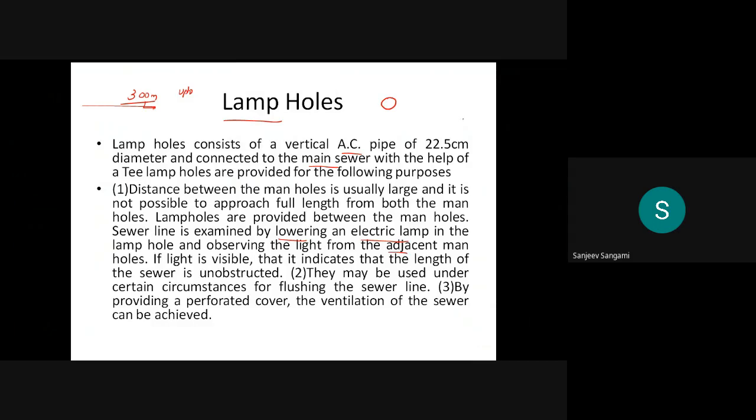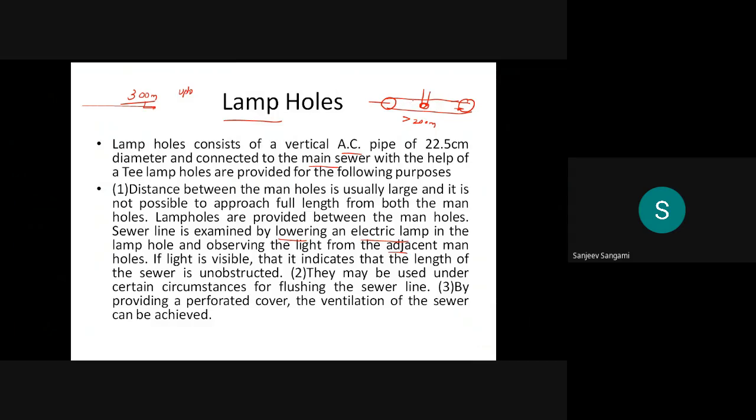Suppose this is one manhole and this is another manhole, and the pipe between them is greater than 200 meters. If you insert a light at this position, you can observe it from this side to this side clearly.